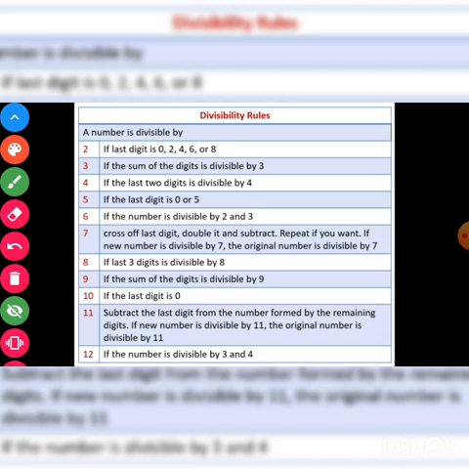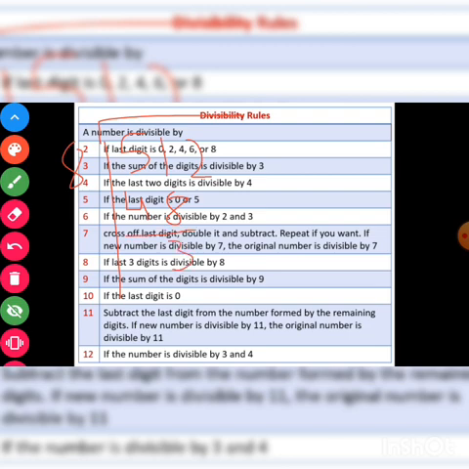512. We have to check the last 3 digits and it is having only 3 digits. So let us divide it by 8 now. 512 you divide it by 8. So 8 6s are 48.